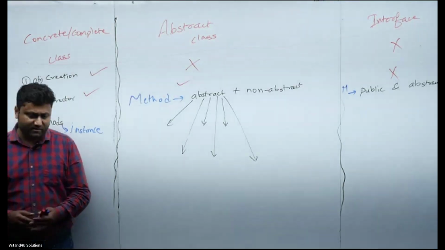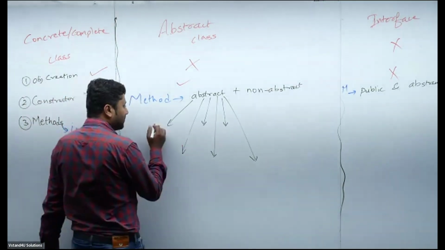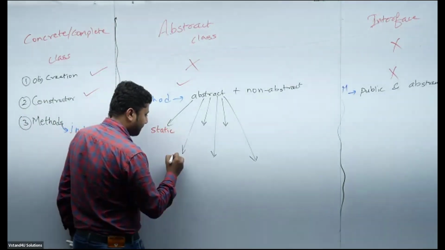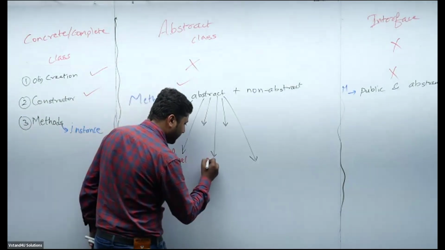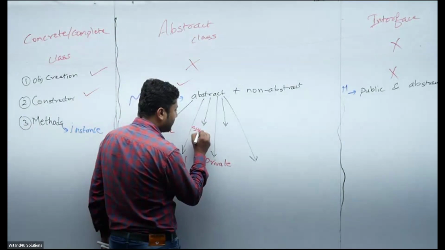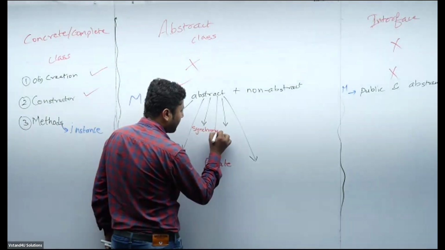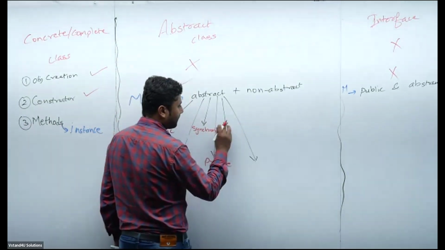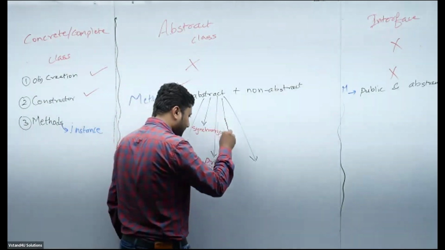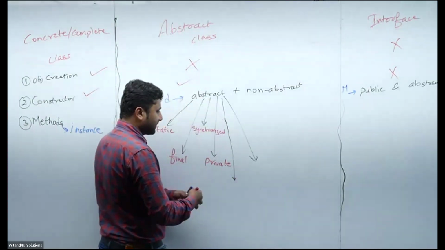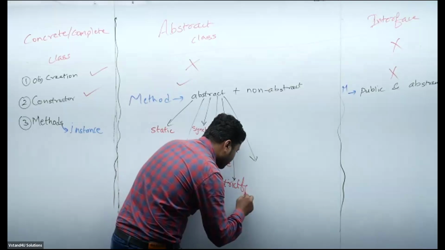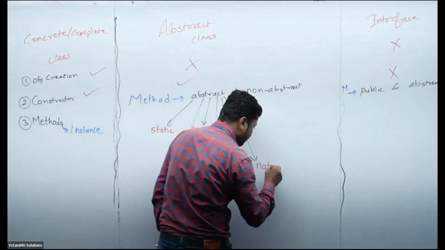If a method is marked as abstract, it cannot be static, it cannot be private, it cannot be synchronized. Suppose this line comes somewhere here, then can I say it is not strictfp? And our most favorite hero.